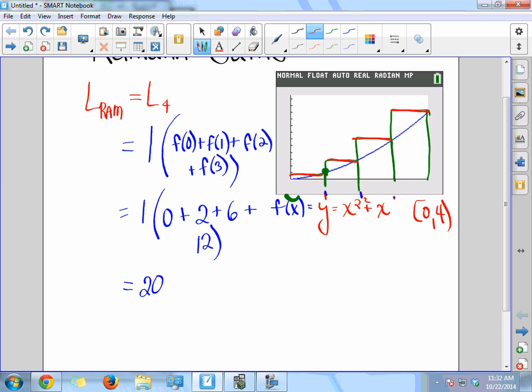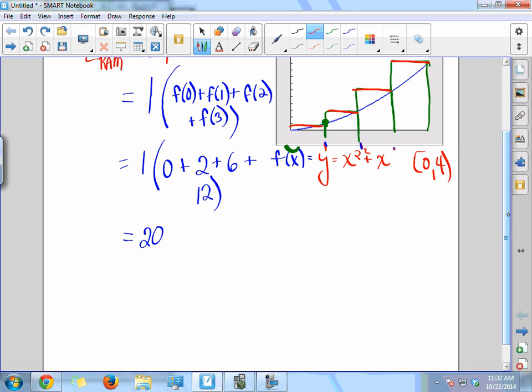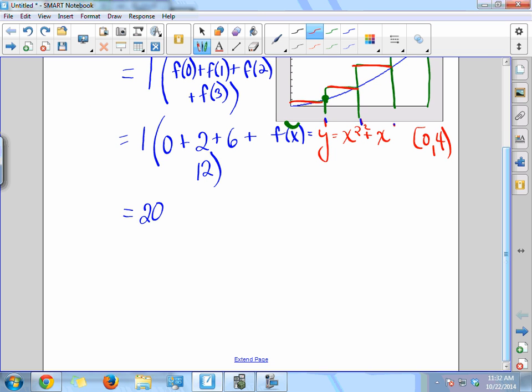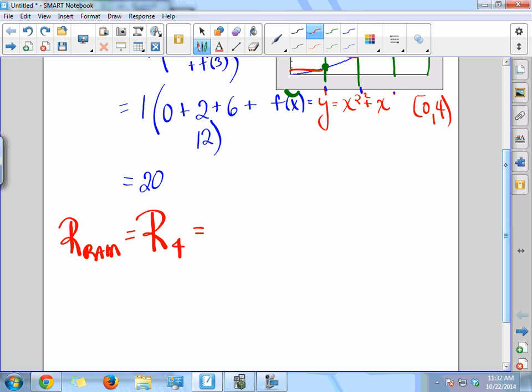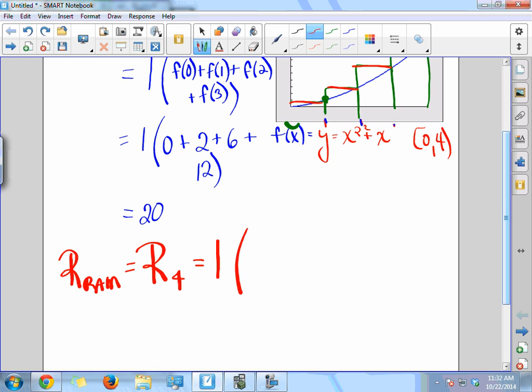So let me go through and show you how to use the notation to calculate this. So we call it a right RAM. A lot of times you'll see it written like this, R sub 4, because we have 4 subintervals. And so this is just going to be the width of the interval, just like we did before, because we're just calculating the area of a rectangle, times the height of each one of these.